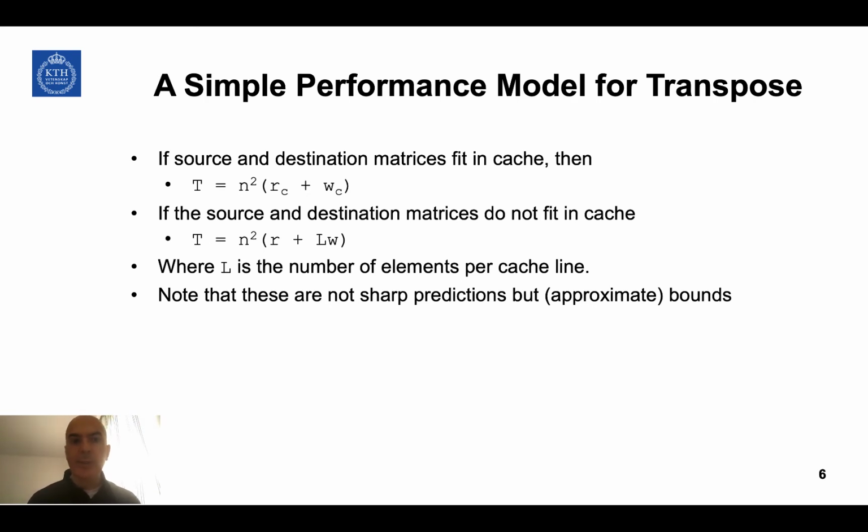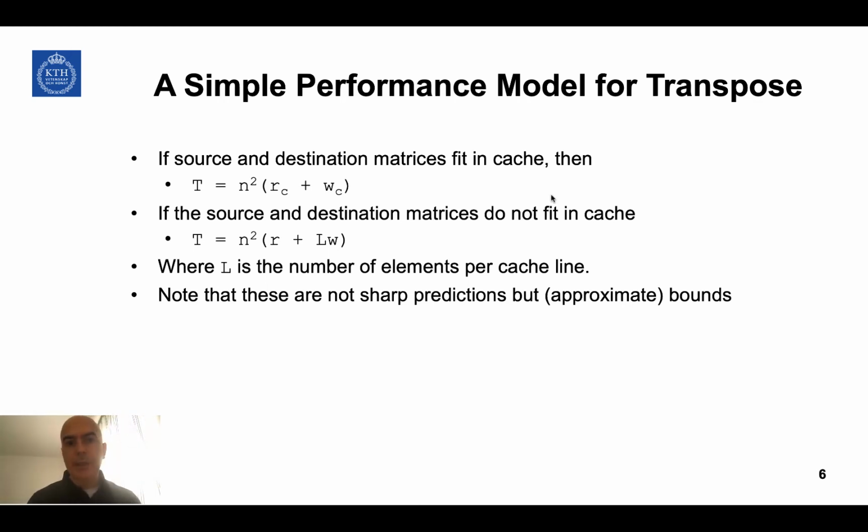If the source and the destination matrices, the A and B matrices, fit into the cache, then the total execution time will be equal to n squared, that is basically the total number of reads and stores. And in this case, we use the time that is required to read and write from the caches.